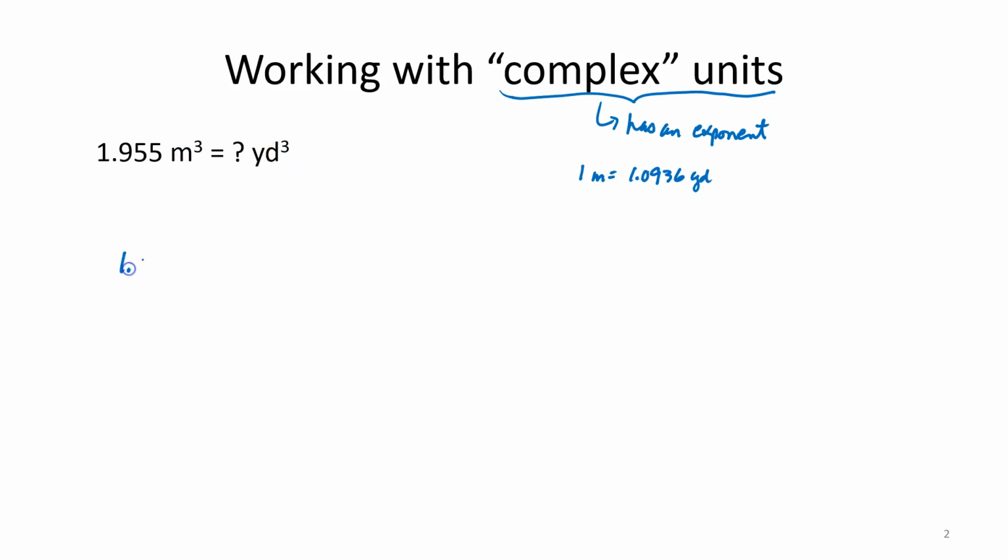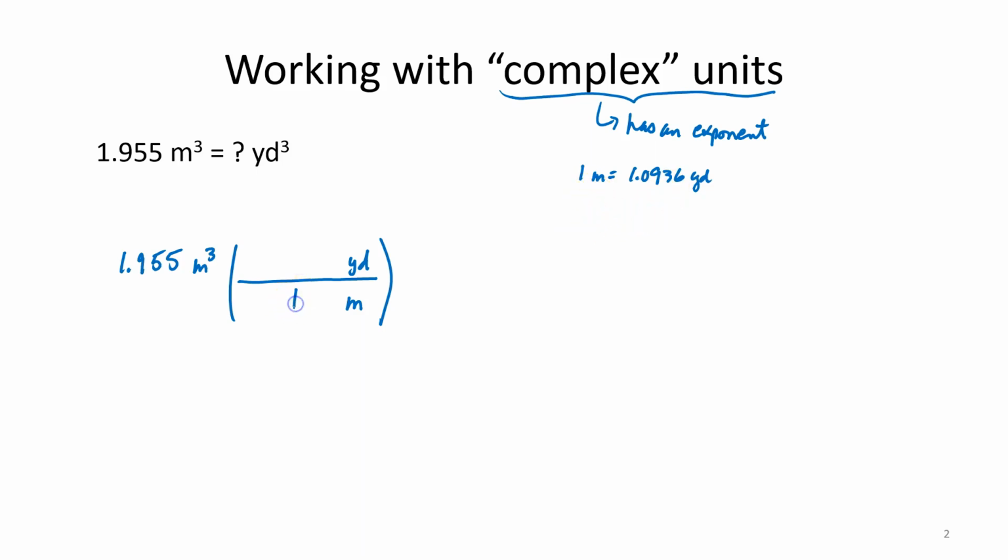Well, let me rewrite the problem. 1.955 cubic meters. And there is a relationship between meters and yards. I know I'm going to want to have cubic meters downstairs and cubic yards upstairs, but before we worry about the cubed part of it, let's think about this relationship here.